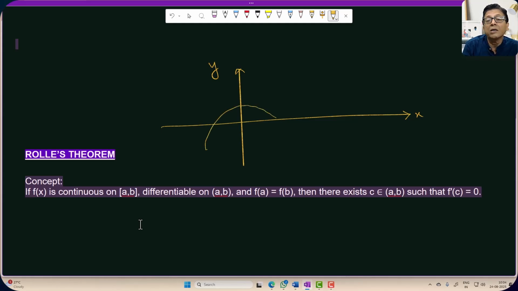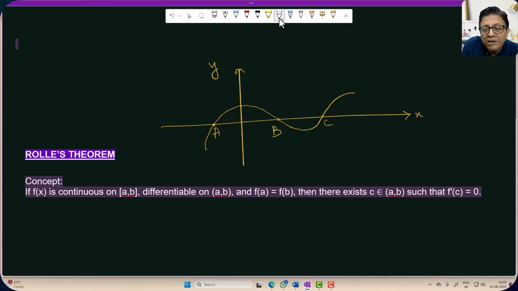Suppose a polynomial equation graph is like this. You can see that there is a root at this point, at A, at B, and at C. There is a root between A and B. There is a root between B and C.